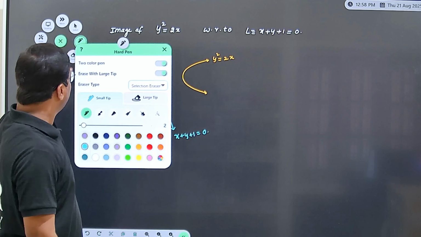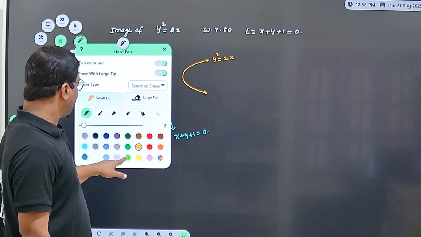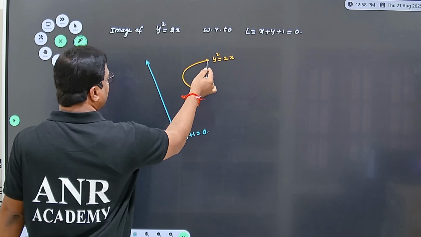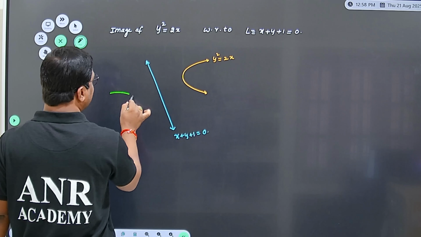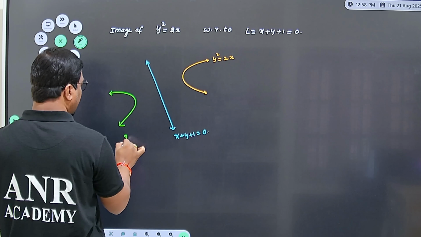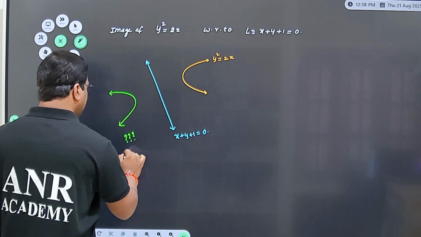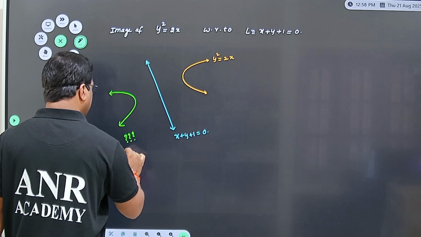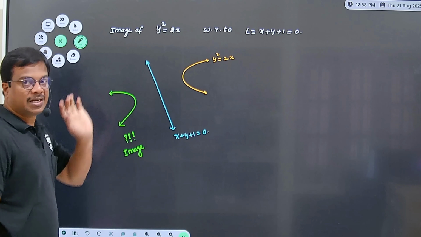Now the aim is to find the image of the given curve y square equal to x. You will get its image in this way. So here the aim is to find the equation of the image curve. This one is the image curve, and that is the given curve.